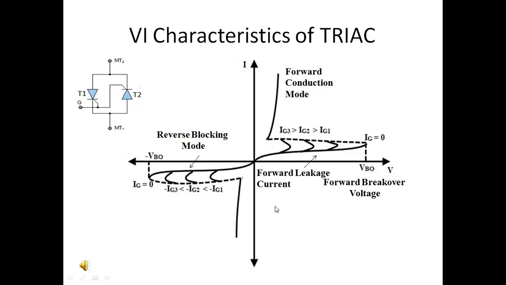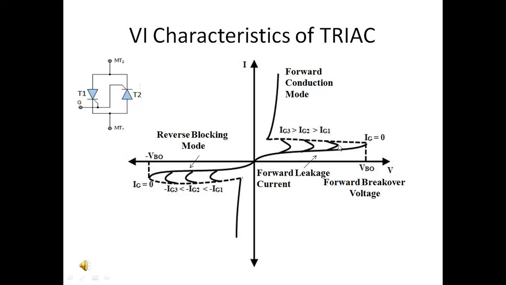Similarly, if the gate current is increasing, it means that the forward voltage also decreases slowly, which you can observe in the figure. For example, IG1, you have increased the gate current. Because of the increase in gate current, the forward voltage is getting reduced.